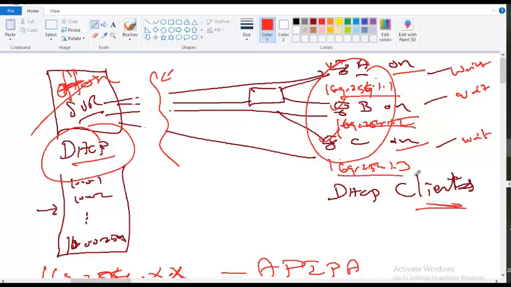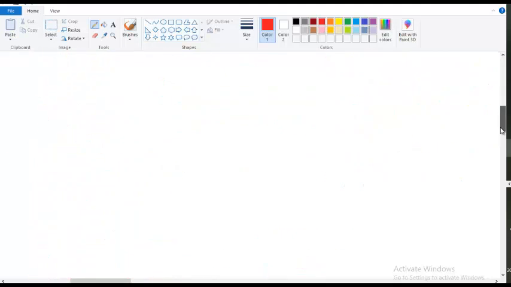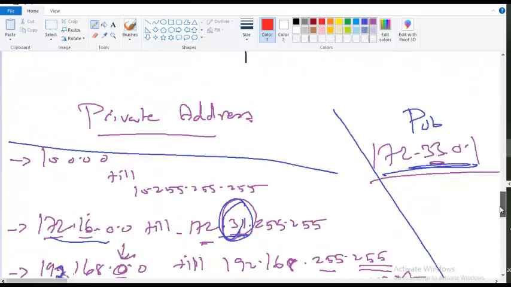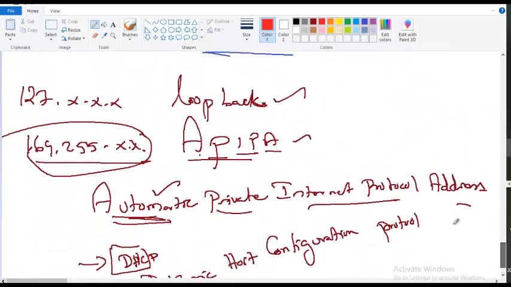A 169.254 address is dynamically generated by your operating system to indicate that the DHCP server is missing. The DHCP server has failed to provide an IP address. This private IP address is dynamically generated. So 169.254 is also like a loopback address.